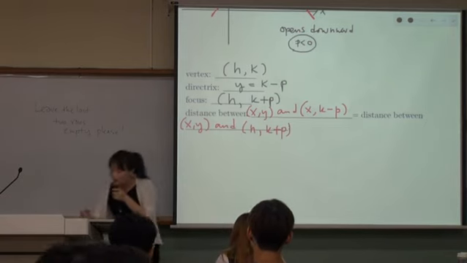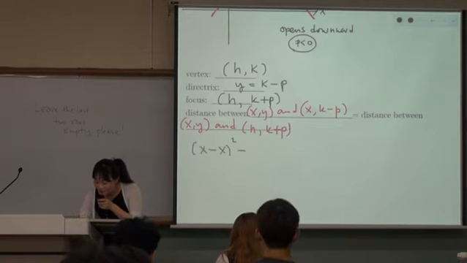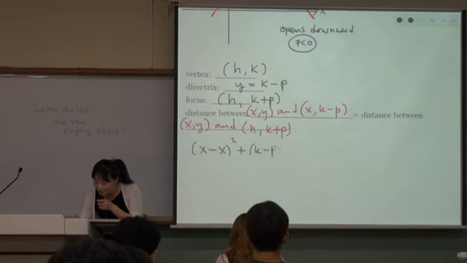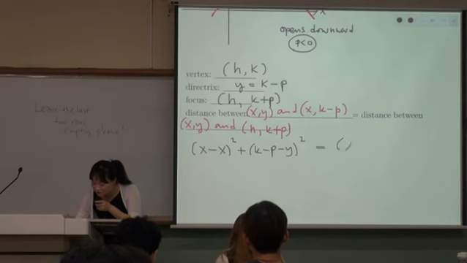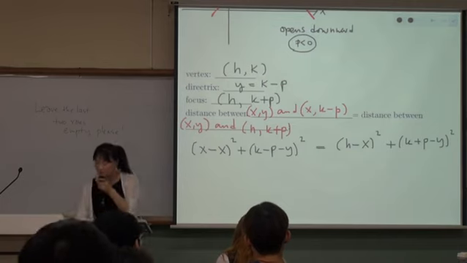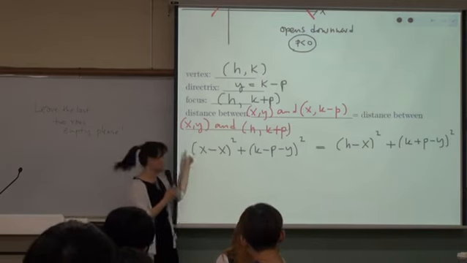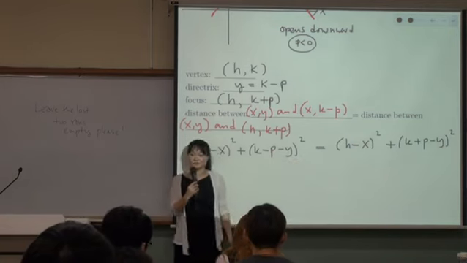So here's what we get: (x minus x) squared plus (k minus p minus y) squared is equal to (h minus x) squared plus (k plus p minus y) squared. Does this equation make sense to you? I got rid of the square root.